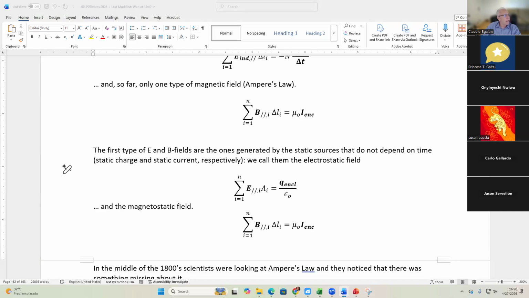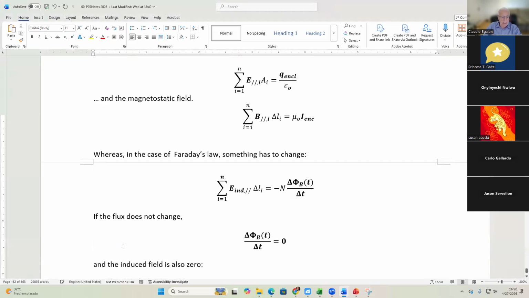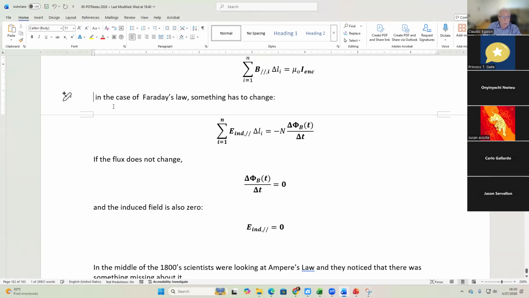In the case of Faraday's law, something has to change for the induced electric field to exist.